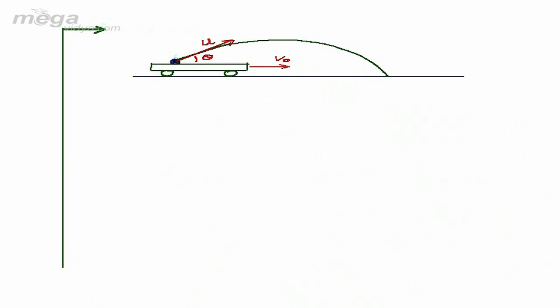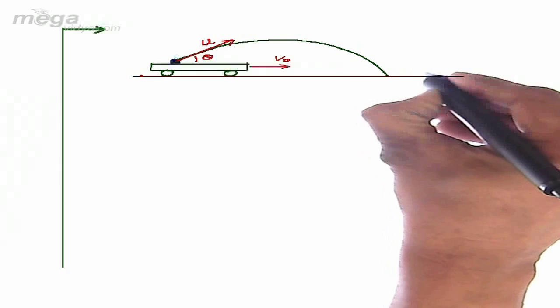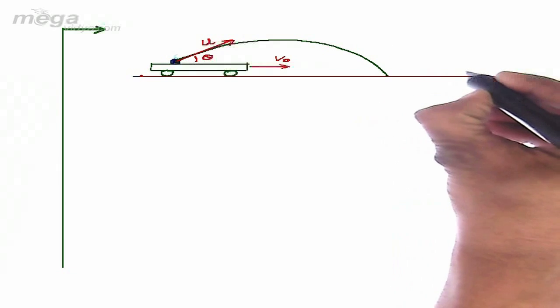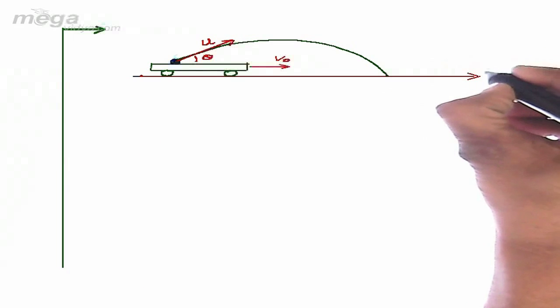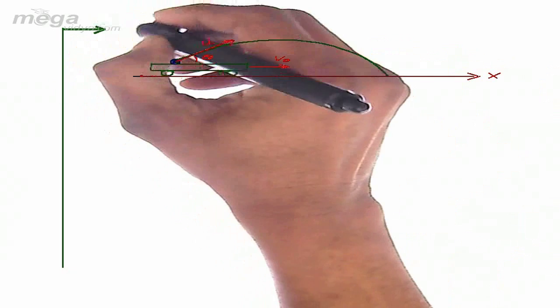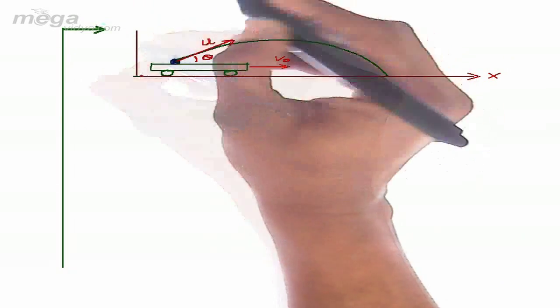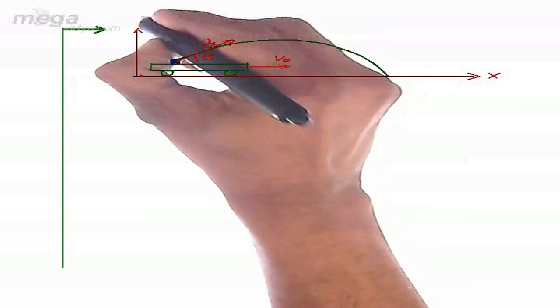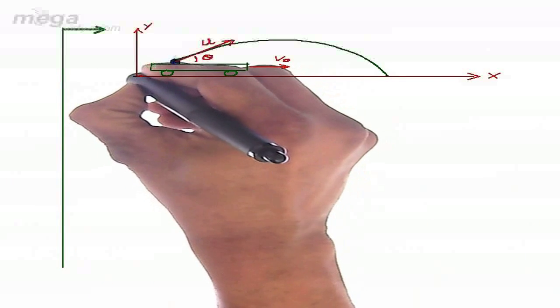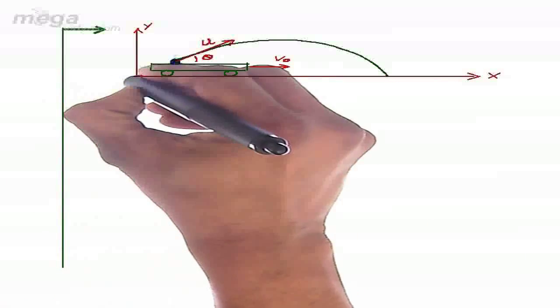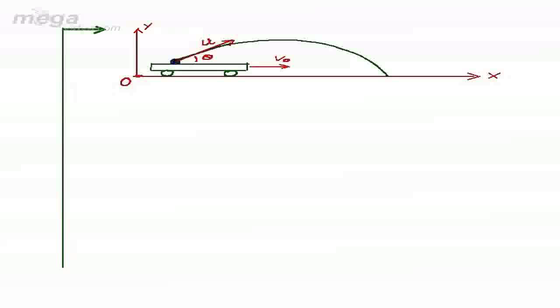Here, if we talk about the frame of reference chosen to study this particular case, in my opinion, as we have chosen in the previous two cases, the projectile motion is observed from the xy reference frame having x direction along the horizontal and y direction along the vertical with the reference point O situated on the ground.